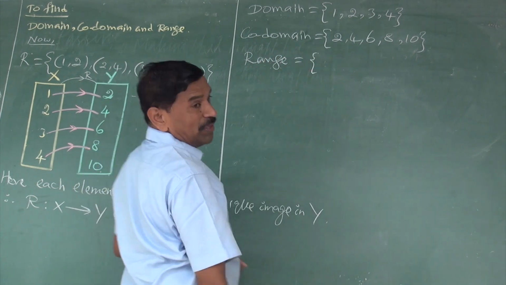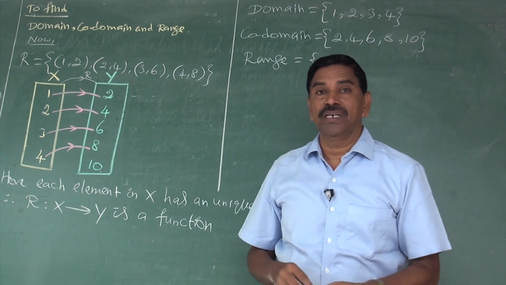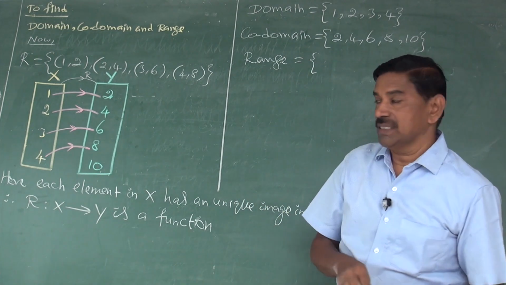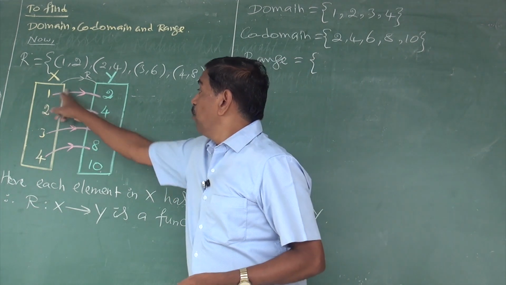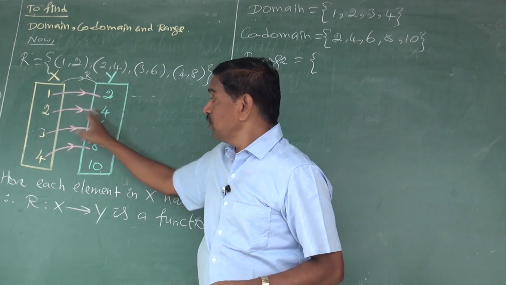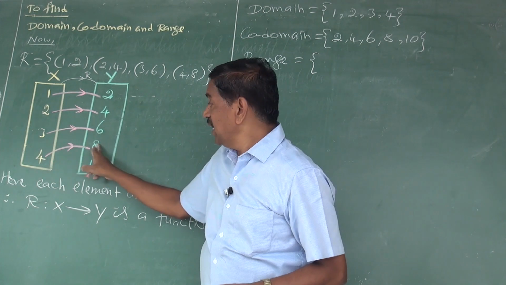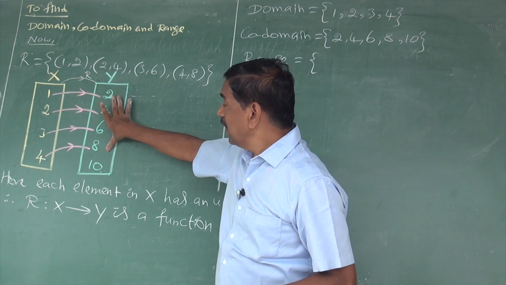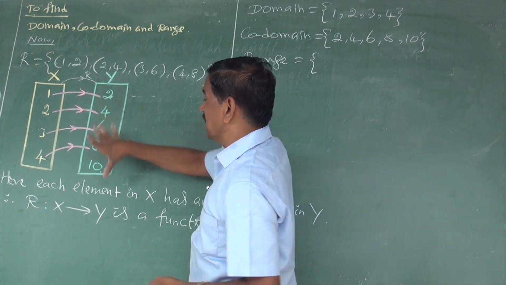Okay, next range. What is the definition of range? Anyone? Yes, the set of all images is called range. Listen, here 1's image is 2, 2's image is 4, 3's image is 6, 4's image is 8. Here 2, 4, 6, 8 are the range elements, that is images.